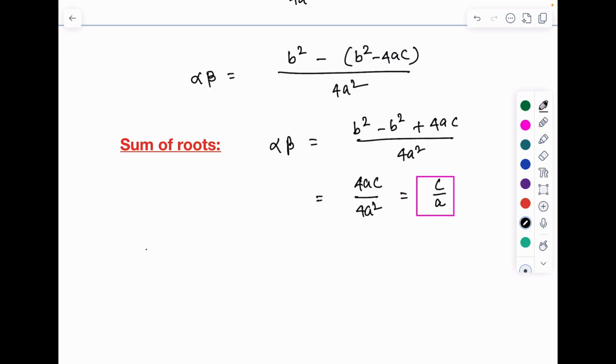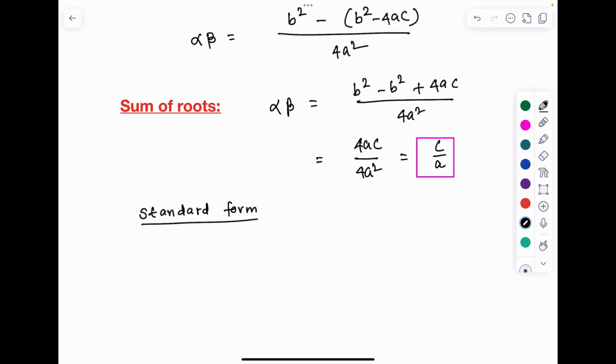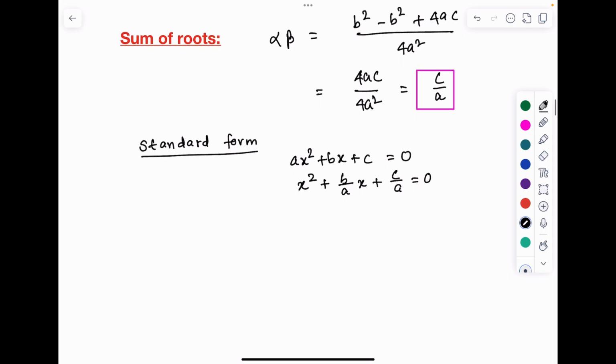The standard form, what is the standard form? The standard form is ax square plus bx plus c equal to 0, and x square plus b by a x plus c by a equal to 0. This is the standard form.